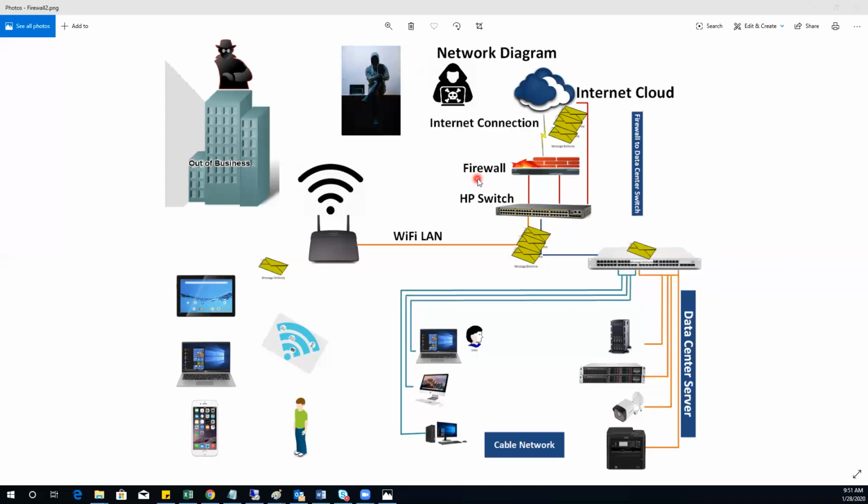So they keep a strict eye on all the data, and if these devices find any kind of viruses, any kind of hacking attack, or any kind of vulnerability, or any kind of threat, these devices are configured to block all these kinds of malicious activities which are generally not allowed in any kind of network infrastructure.